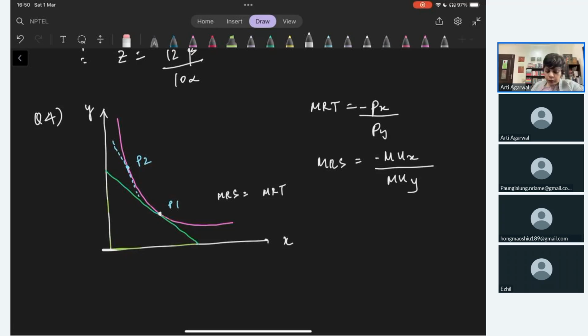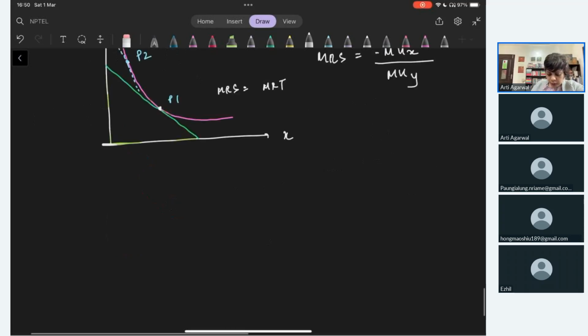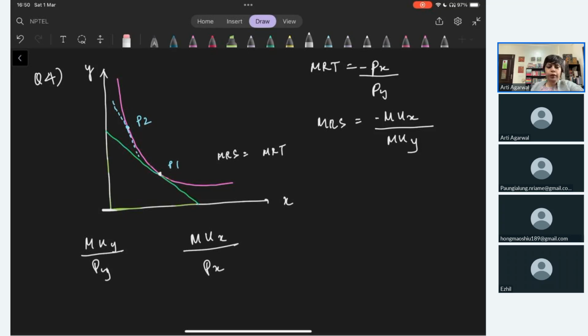Now, another way of looking at it is to compare marginal utility with respect to Y upon price of Y versus marginal utility with respect to X upon price of X. At this point P2, what we know is that MUX divided by MUY is greater, and Px by Py is constant, so that we already know.